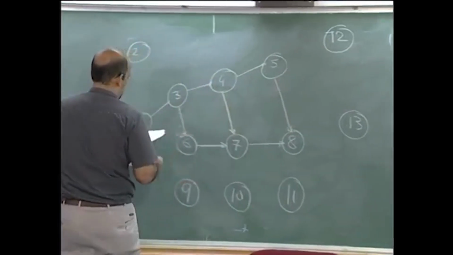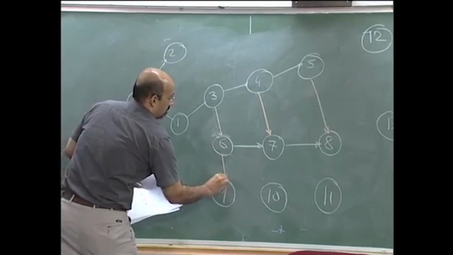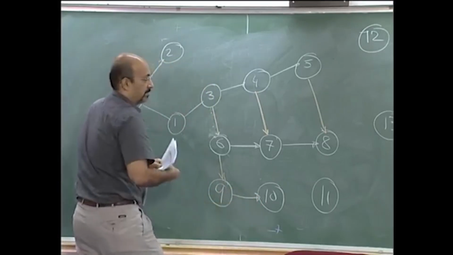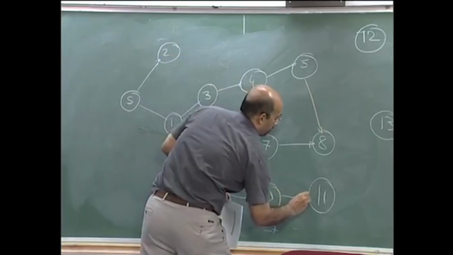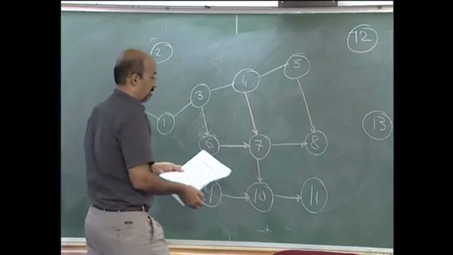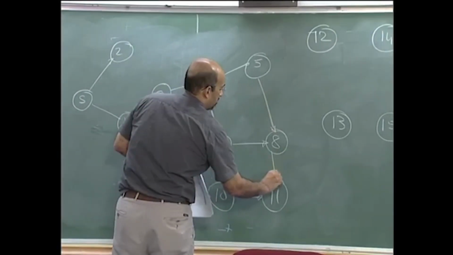Okay, so now my relationship between 6 and 9 is also a resource. Okay, 9 and 10 is the physical. So 11, this is up to the abutment. Again, 8 and 11 is a resource driven relationship.